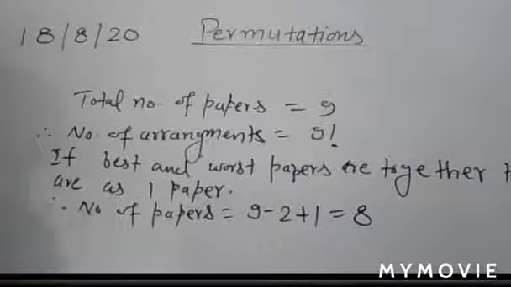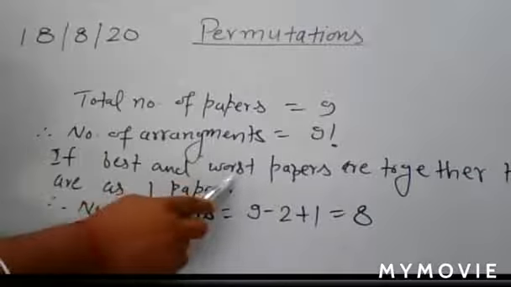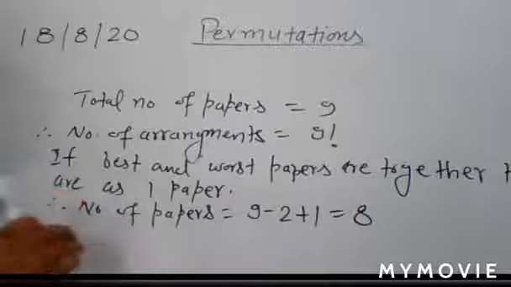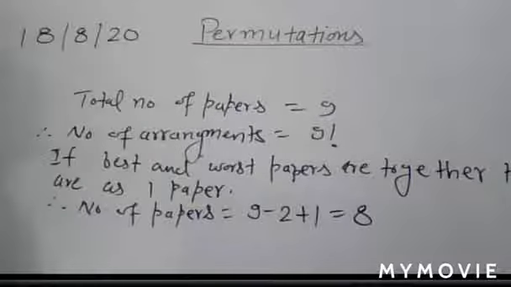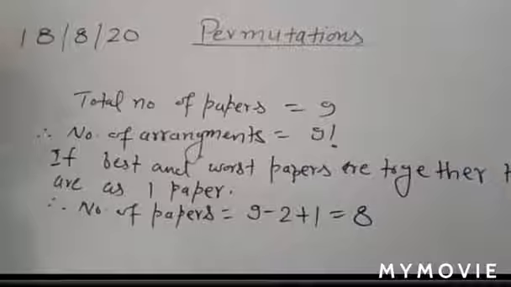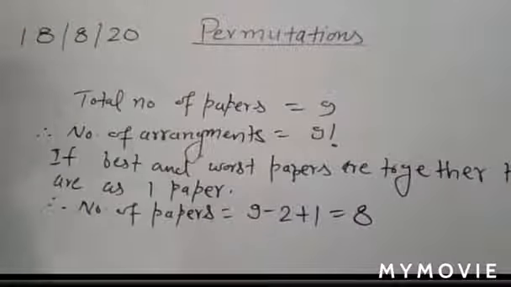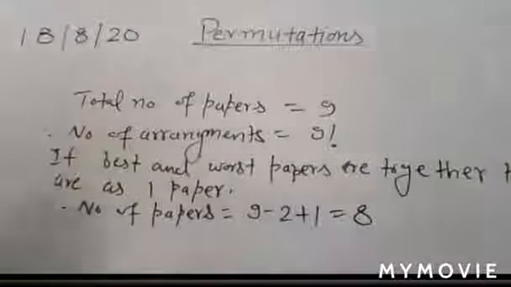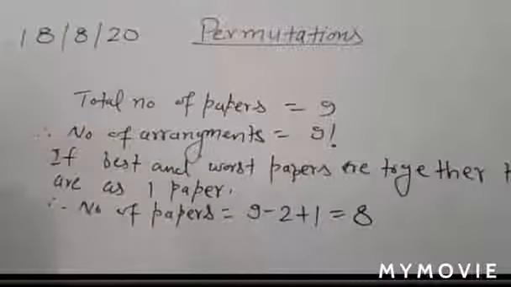And also the best paper and worst paper can arrange themselves by 2 ways. Not only factorial 8 is the answer of that. Getting my point? Write the papers in a bunch, one above the other.